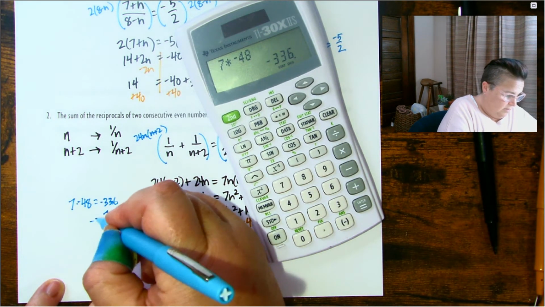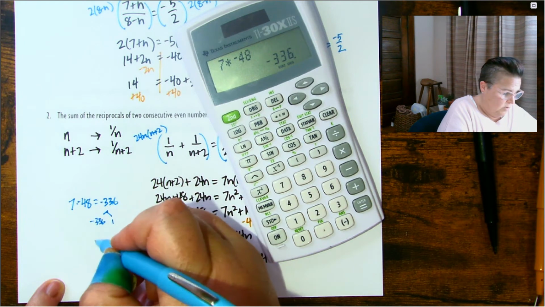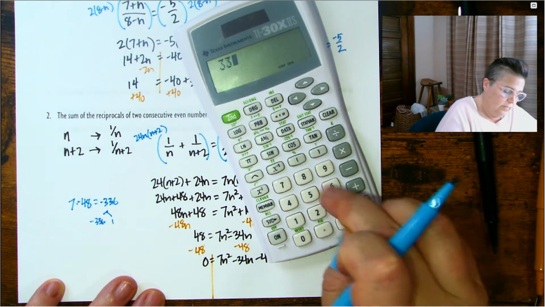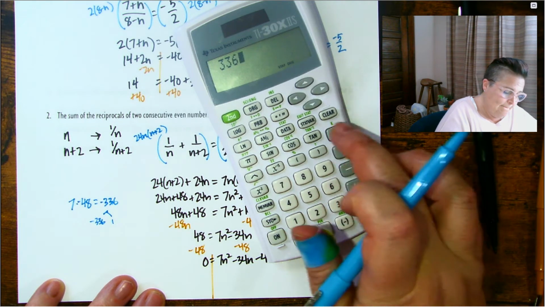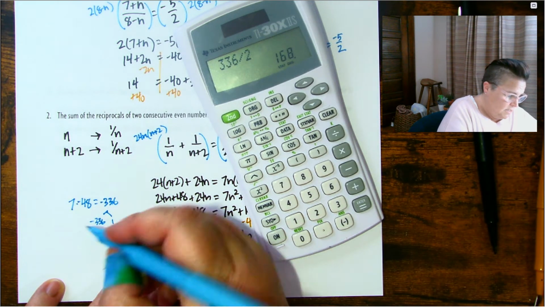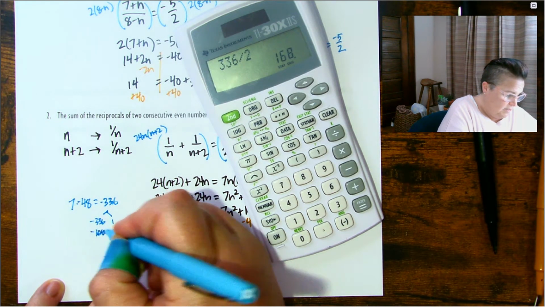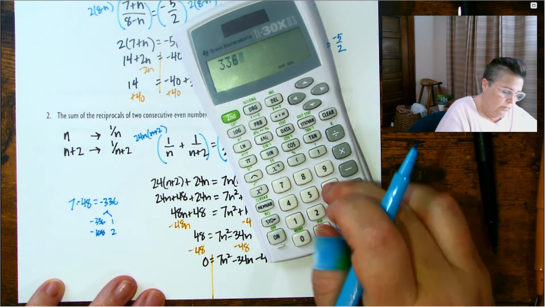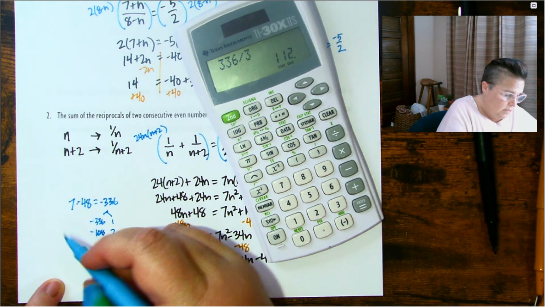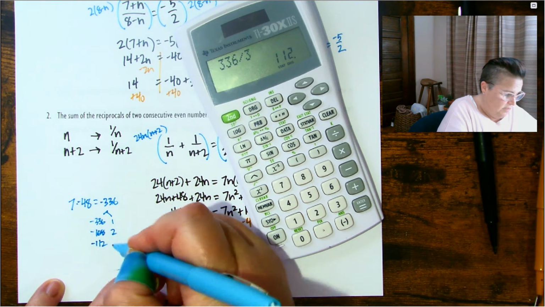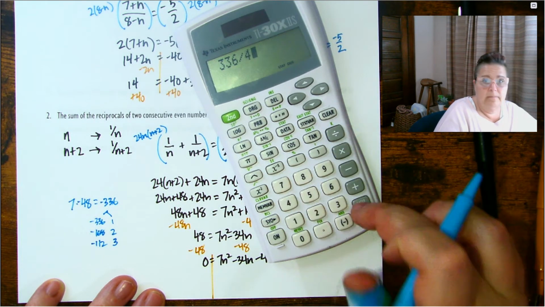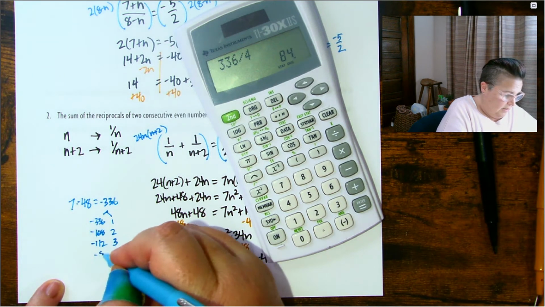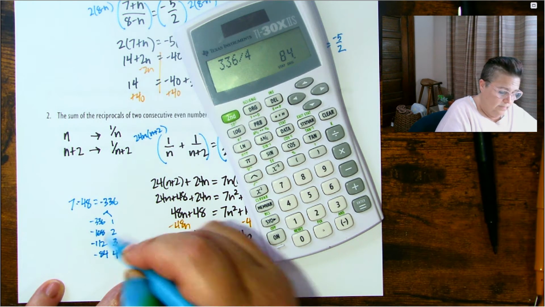Okay, that's going to be a negative 336 times 1. A negative 168 times 2. A negative 112 times 3. A negative 84 times 4.